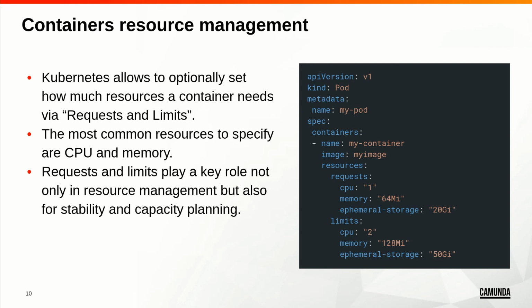And it's per container within the pod. Later we will see the other two ways to do it. It's important to mention here that requests and limits are not just important for resources management, but also for workload stability and capacity planning. We will have more details about this in the next slides.